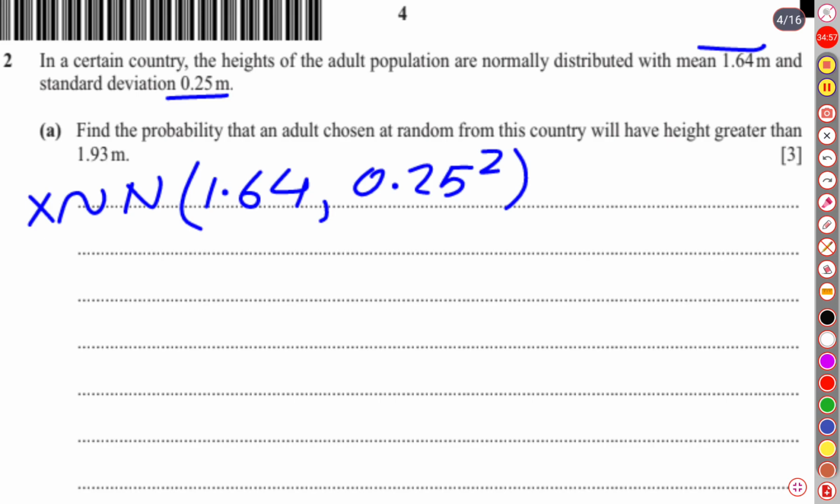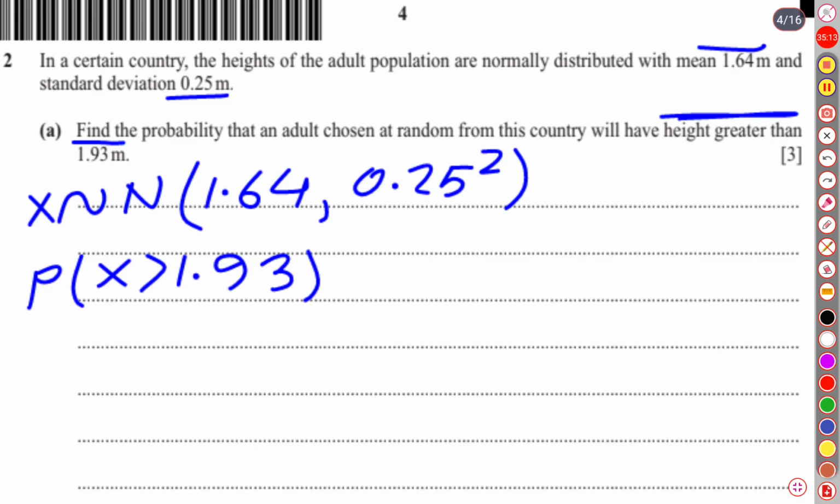Then they have told us to find the probability of a person having height greater than 1.93. So let us write the probability that X is greater than 1.93.